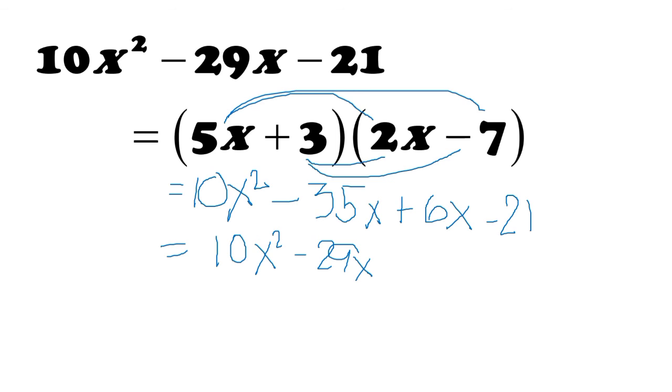Then copy minus 21 because there is no same term. So it is now checked that the factor of 10x squared minus 29x minus 21 is the quantity 5x plus 3 times the quantity 2x minus 7.